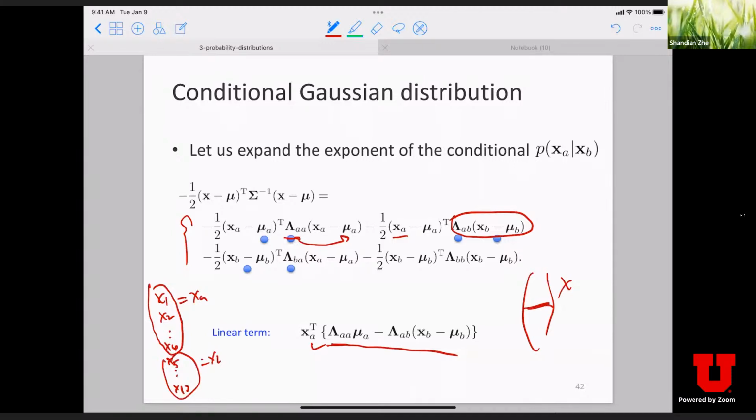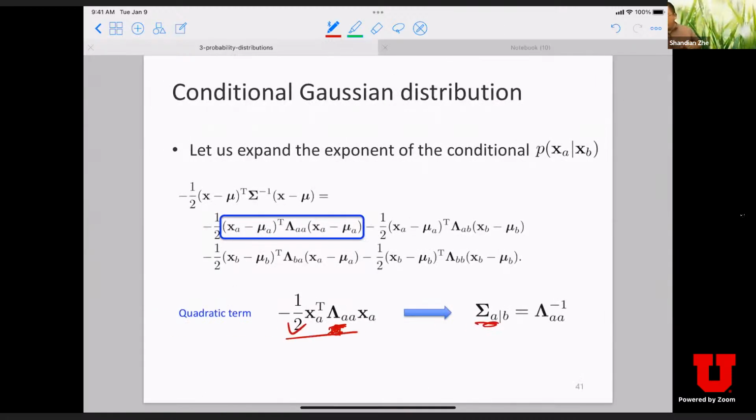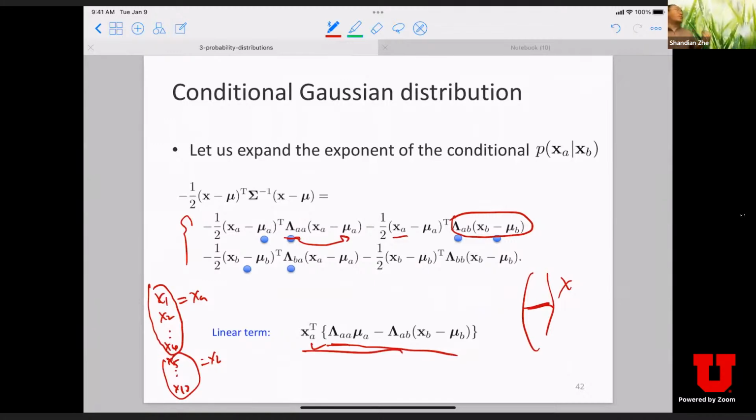From our observation, there are only two terms related to XA. One is the quadratic term in this form. The other is a linear term in this form. As we just mentioned, if you can write down the density for any variable in some exponential form, and its exponent contains only two terms that involve XA, one quadratic and one linear, that means it must follow a Gaussian distribution.